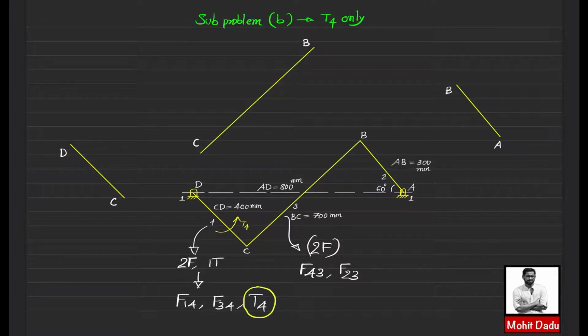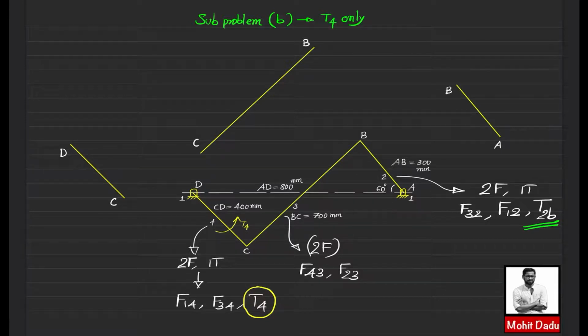And here also you have to evaluate the balancing torque to be applied on link 2. So this will make a 2 force and 1 torque member. Those two forces are F32 and F12 from the links 3 and 2, and also the torque T2B. This is the thing we have to evaluate at the end of this problem.